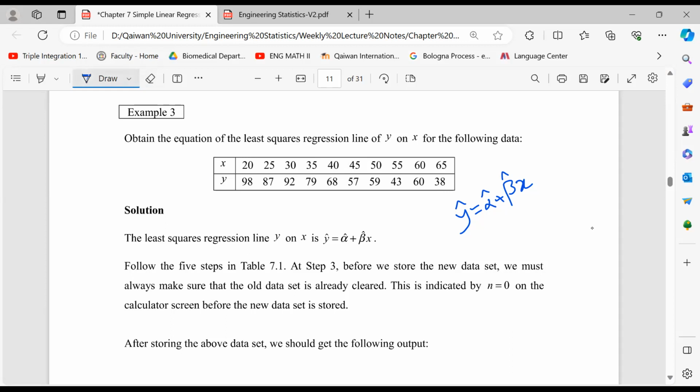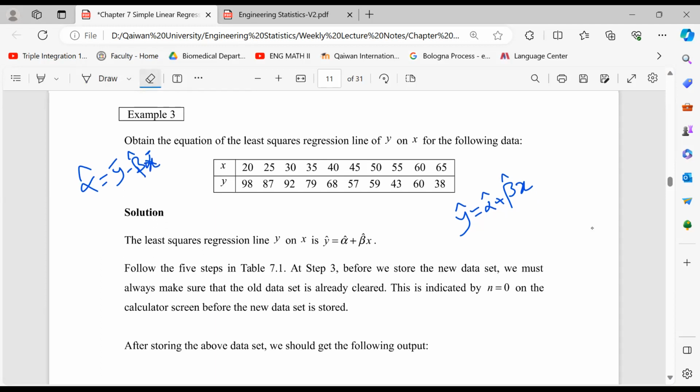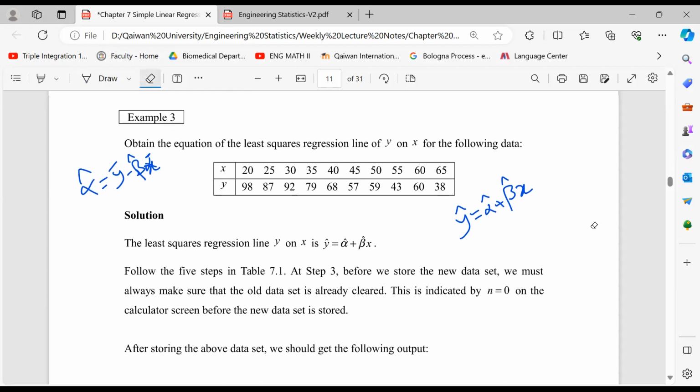As I said before, we must first find beta hat, as alpha hat depends on beta hat. Because here alpha hat is y bar minus beta hat x bar. Here we need to find x bar, y bar, and beta hat to get the value of alpha hat.